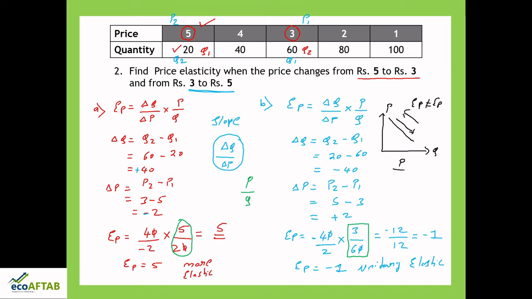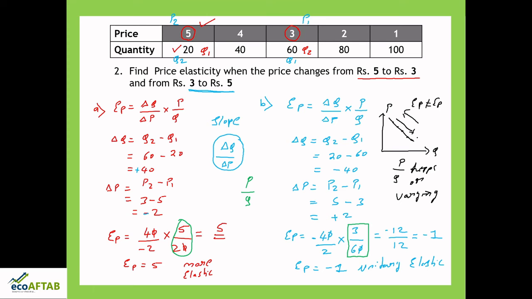Because the ratio of price by quantity keeps on varying, and when the price by quantity ratio keeps on varying at every point on the demand curve, we get a different value for elasticity. This is what the main emphasis was on, for us to understand that at every different point of the demand curve, the value of the elasticity will be different.